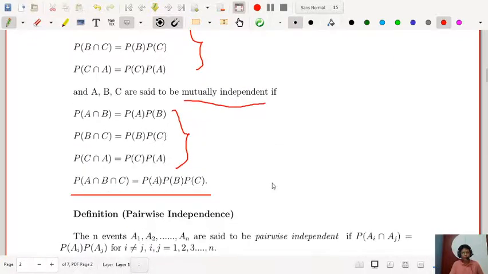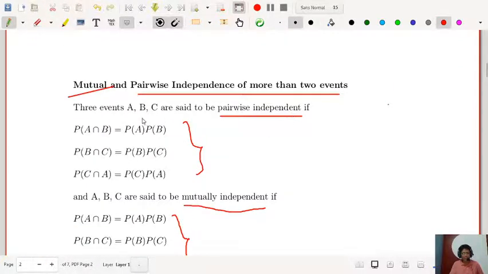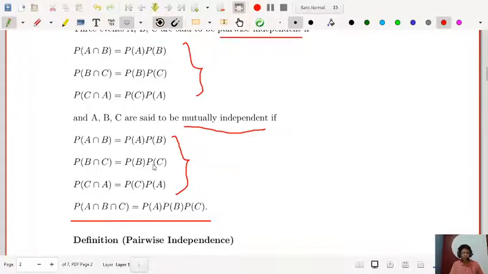So look at that. For pairwise independence you have three conditions, and for mutual independence you have an additional condition, the last one, that the probability of the intersection of three events is equal to the product of their probabilities.